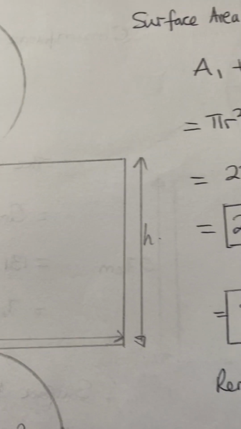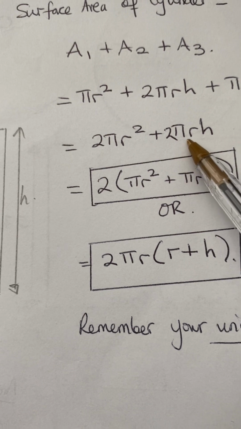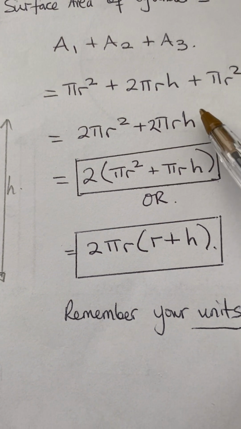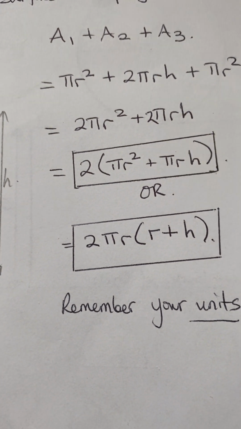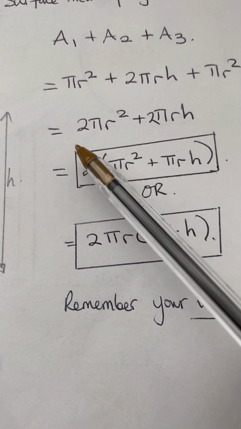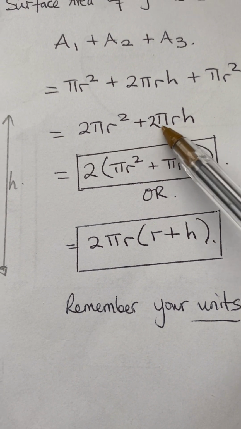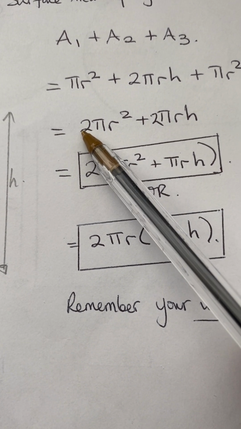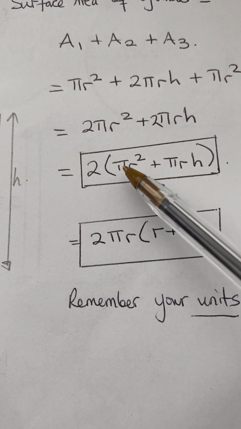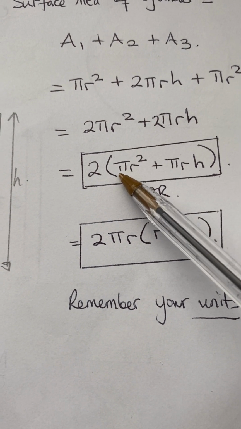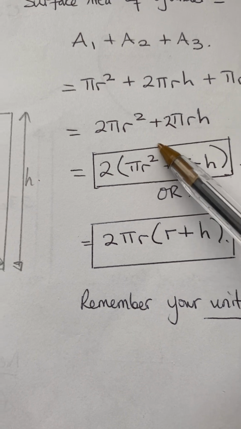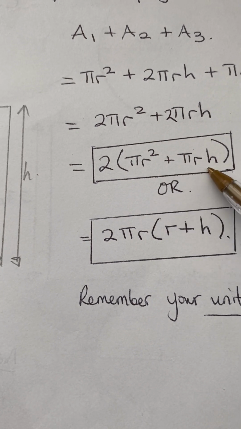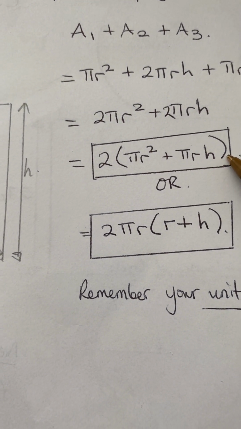So you can have that as your formula, which sometimes they will give to you, or you can decide to bring the 2r out. Then you have pi r squared, which is the area of a circle, and pi r h.